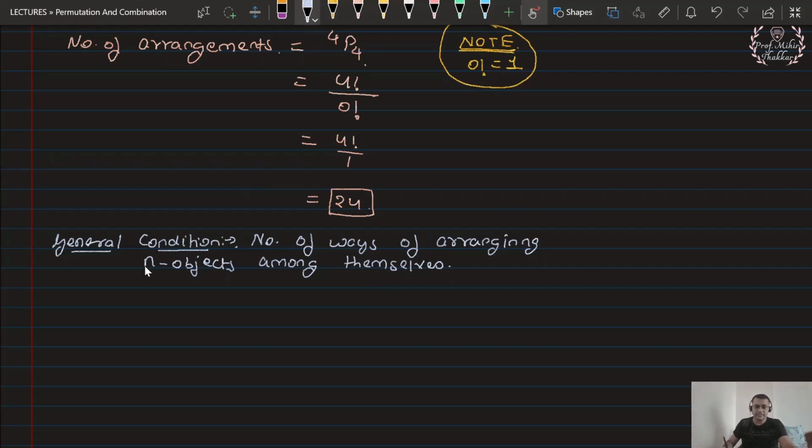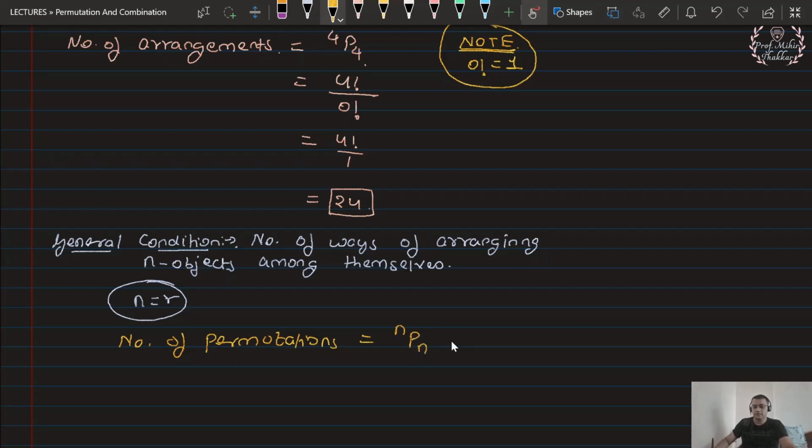So in that case, n and r are equal, so the number of permutations or arrangements is equal to nPn, which is just equal to n factorial upon 0 factorial.